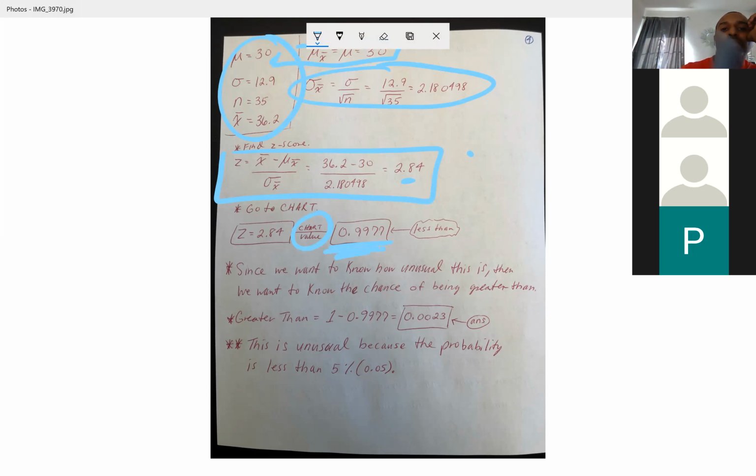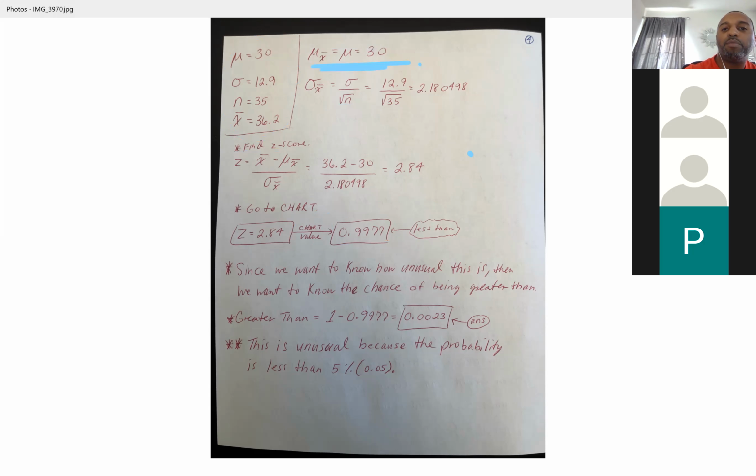You get your values from your problem, recognizing that if it's a normally distributed sampling distribution, it fits these criteria: the population mean is going to be the mean of your sampling distribution.